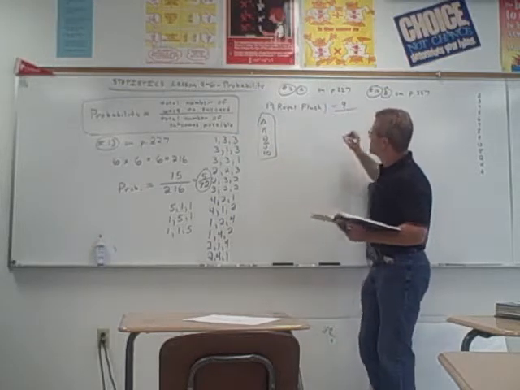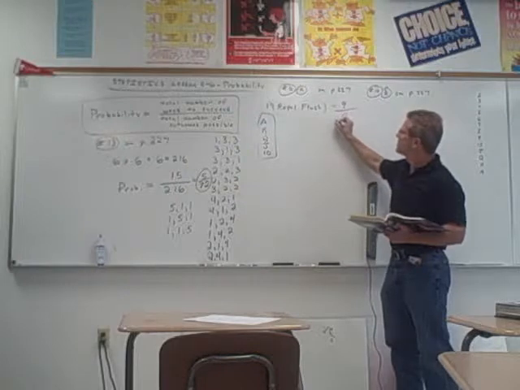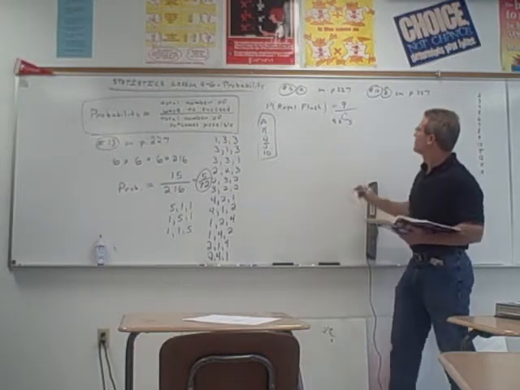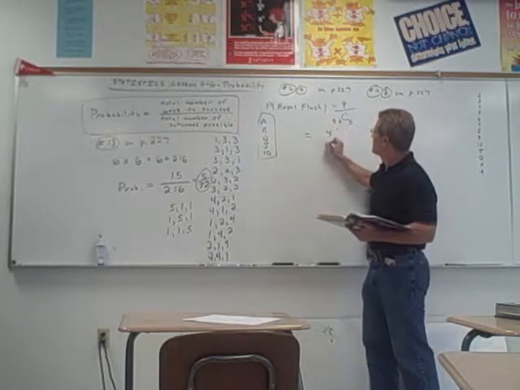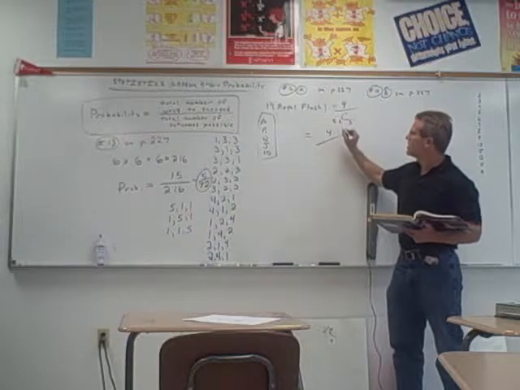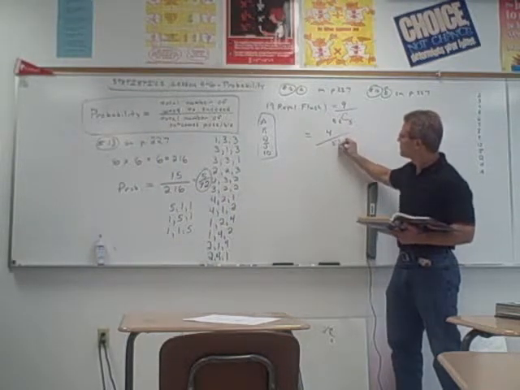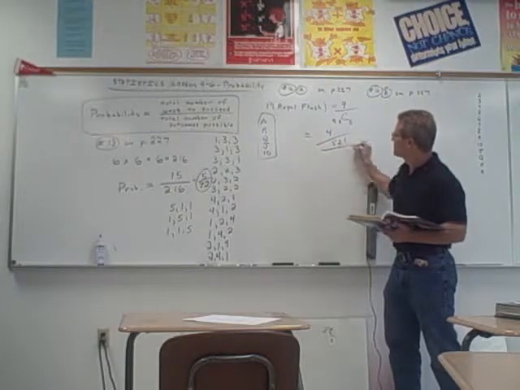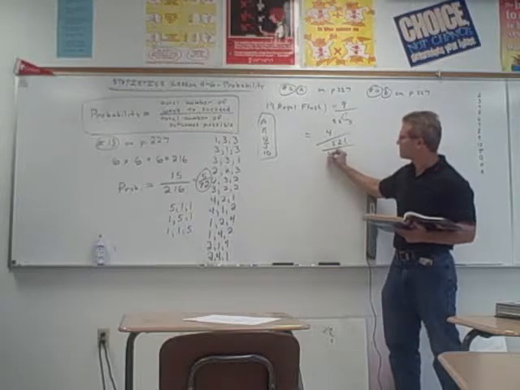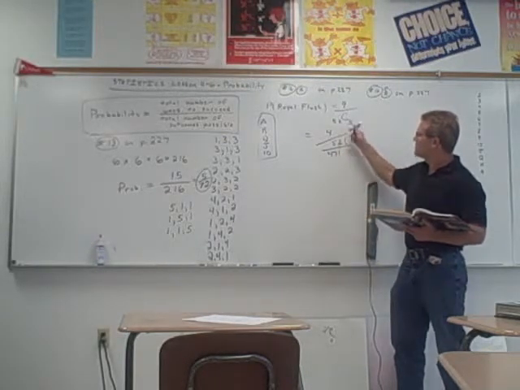Number of possible outcomes. Well, that'd be the number of ways that we can choose 5 cards out of a deck of 52. To calculate that, remember the formula for combinations is you take your n value of 52, so 52 factorial, divided by n minus r, 52 minus 5, which would be 47 factorial, and then 5 factorial.